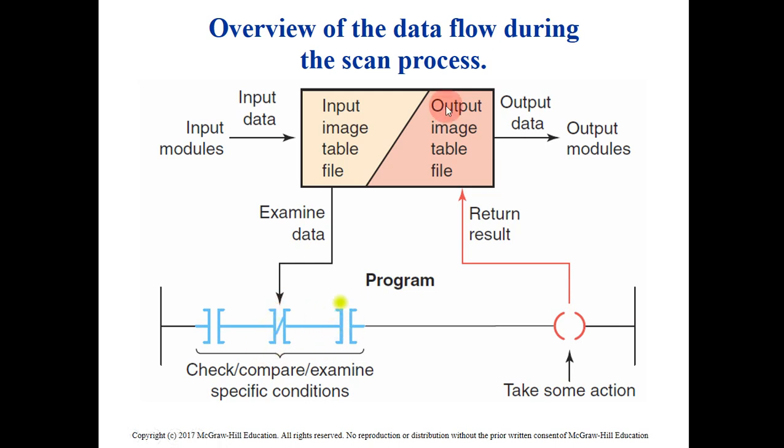Based on these instructions, the status of the output instruction will be updated, and then it will be sent to the output image table. From the output image table, it will be sent to the output modules. From the output modules, it will be sent to the output devices. So this is how the data will flow from the input devices to the output devices.